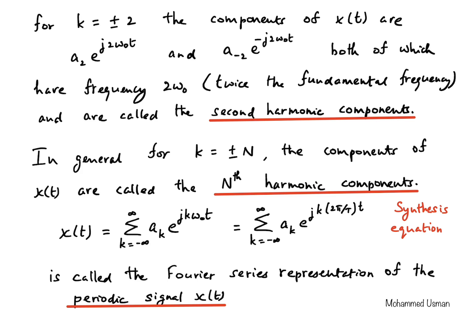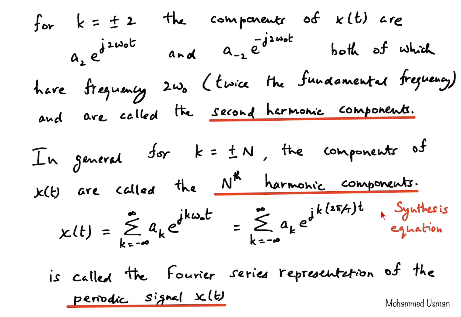So we will see how to synthesize the signal using the complex exponential harmonic components, and later on we will also see examples of how to obtain the Fourier series representation of the signal itself. So we will see it in both directions: how to go from the signal to this representation, or how to get the signal from the summation.